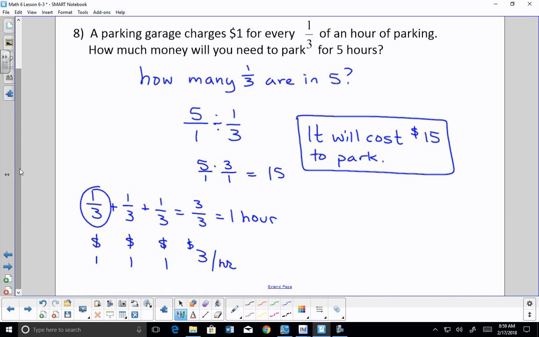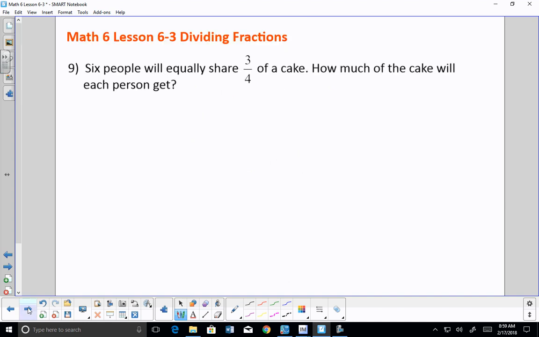6 people will equally share 3/4 of the cake. Who ate the other 1/4? We don't know. How much of the cake will each person get? We're like, oh, we have 3/4 of the cake. We need to divide it by 6 people, right? We need to take the cake and divide it by the number of people.